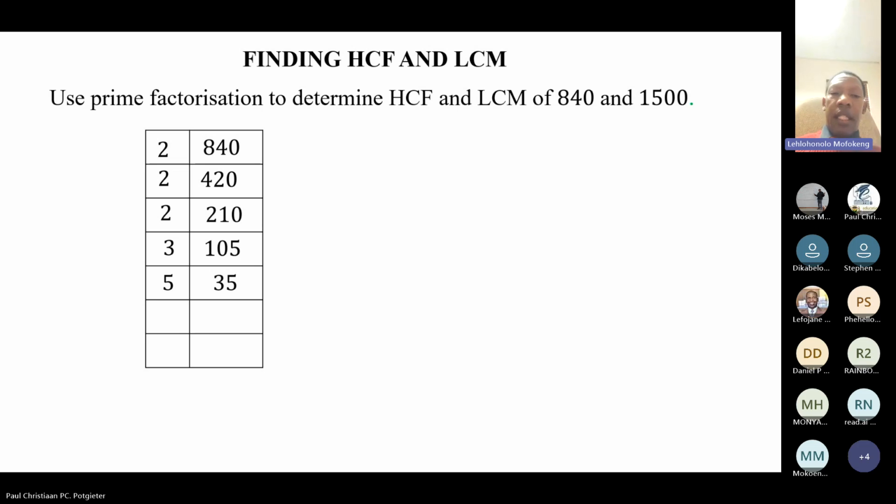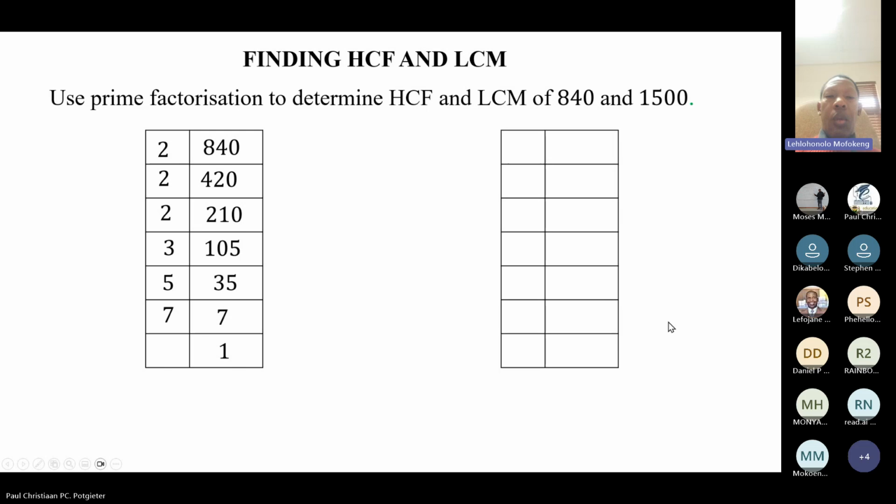And then 3 no more divides into 35. Therefore, we have to use 5 to divide into 35, and we will get 7. And then we divide 7 by 7, we get 1. So now we are done with 840.